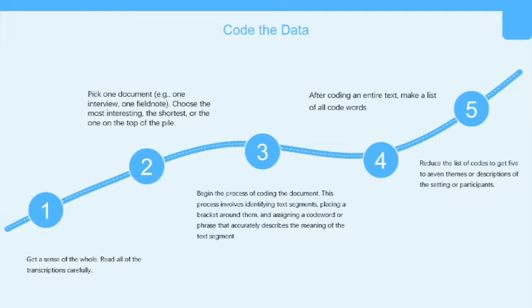This process involves identifying text segments, placing a bracket around them, and assigning a code word or phrase that accurately describes the meaning of the text segment. The next is, after coding an entire text, make a list of all code words. And the last step is to reduce the list of codes to get 5 to 7 themes or descriptions of the setting or participant.